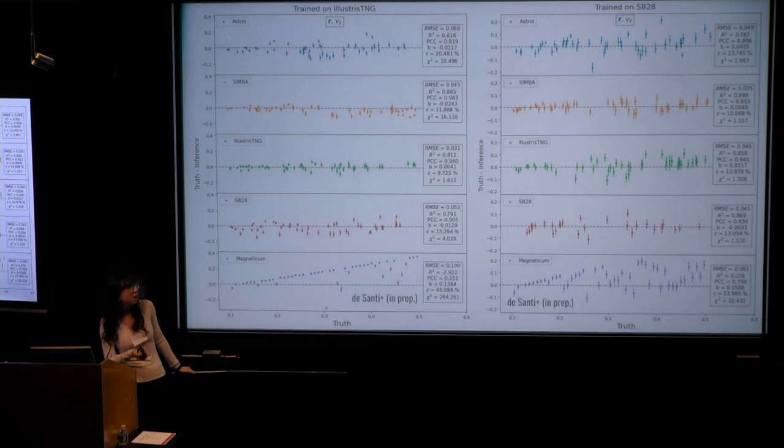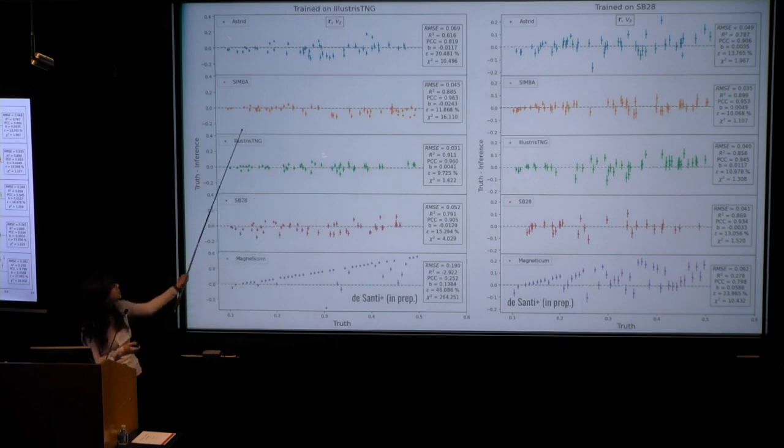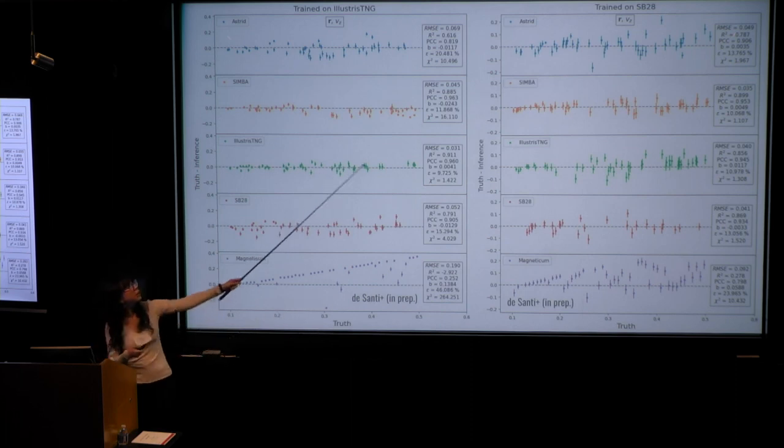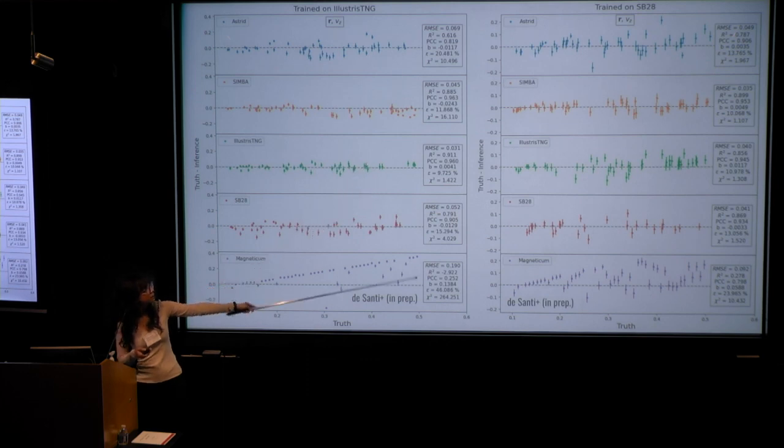And then you can say, oh, okay, Illustris-NG is kind of doing a good job extrapolating for Simba, but it's not working so well for Astrid. And it does not work at all for Magneticum. However, when we have a data set which goes a bit more crazy, we can see that we are doing a good job trying to extrapolate for Astrid, but we still don't have good predictions for Magneticum.